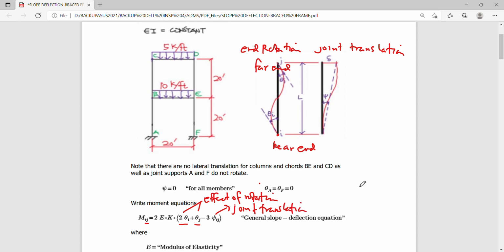Okay, so the sign convention is positive if you consider this curvature, upon which your moment is directed counterclockwise, so the moments are now negative moments, while the rotations are positive rotations.